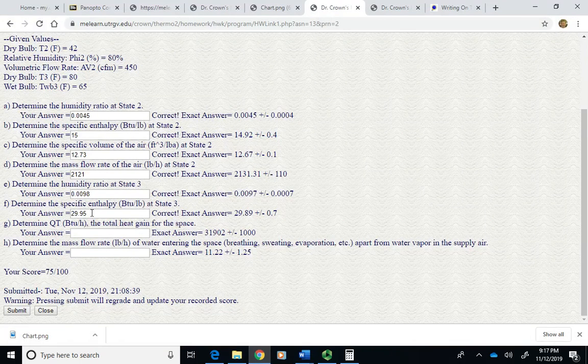I'm going to use the ones I found, so 29.95 minus 15.